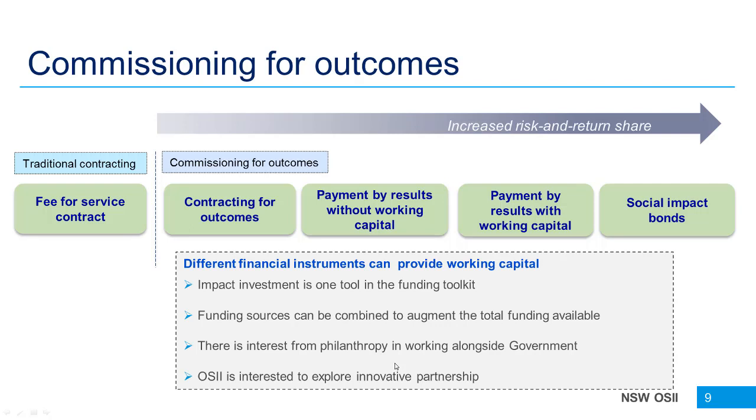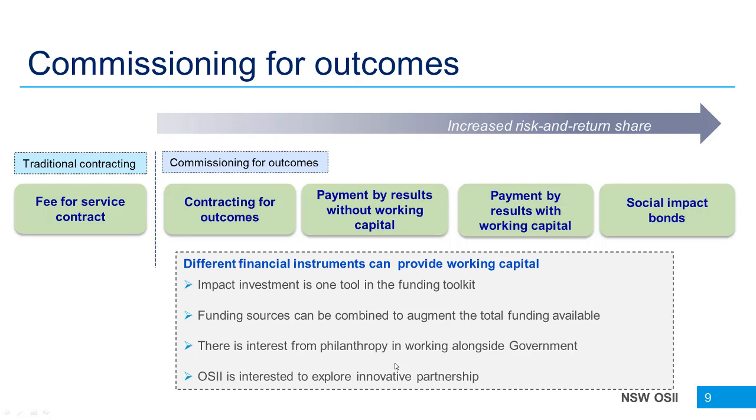What is common to these products is that they are focused on achieving specified outcomes that are commissioned by the government and delivered by our service partners. This means that government will only pay when these outcomes are achieved.